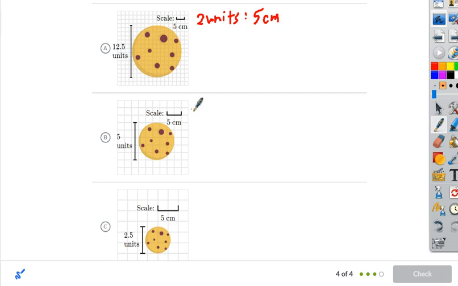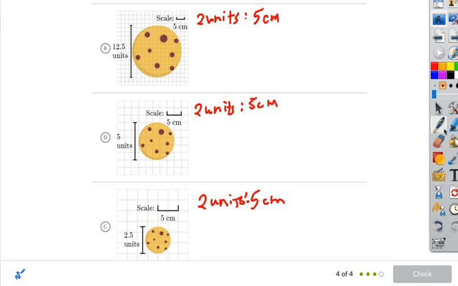Same thing for this one: 2 units is 5 centimeters here. And this one, 2 units is also 5 centimeters. So since all of the scales are the same, I just need to find the one that properly matches up with 12.5 centimeters in real life.